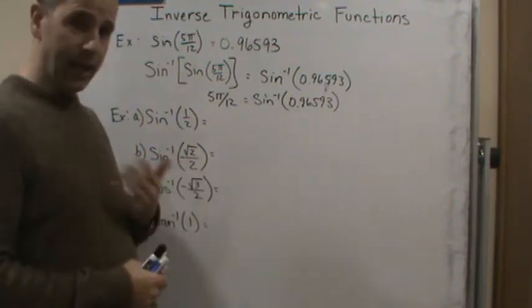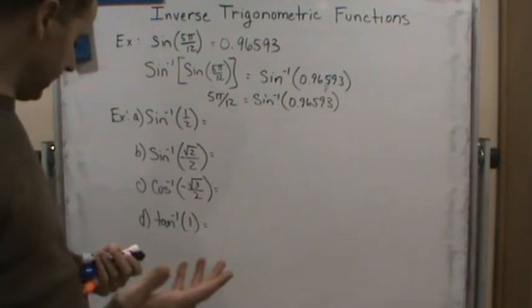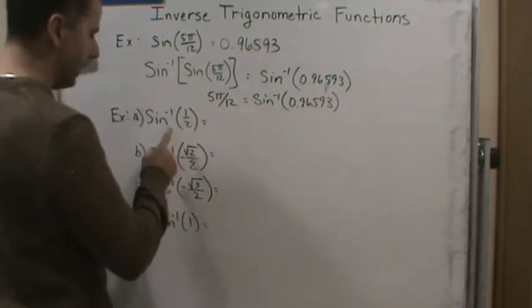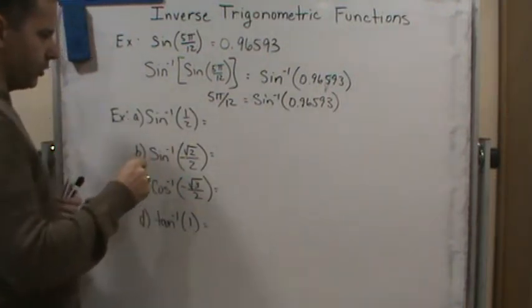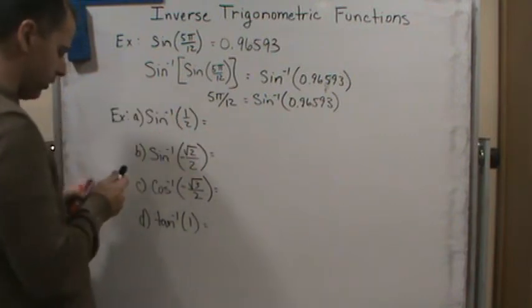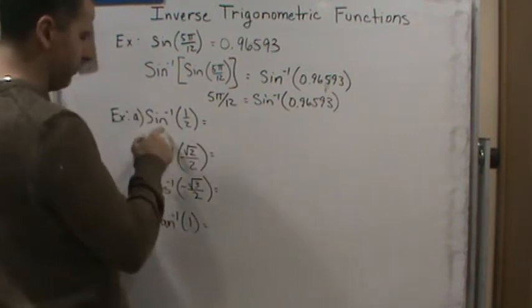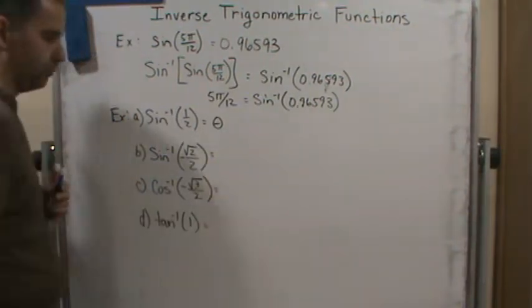So the question I ask myself, and you should ask yourself the same question, is this: what angle? This is an angle. In other words, think to yourself that inverse sine of this is some theta.